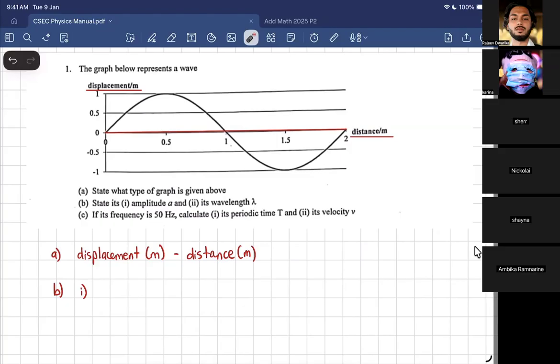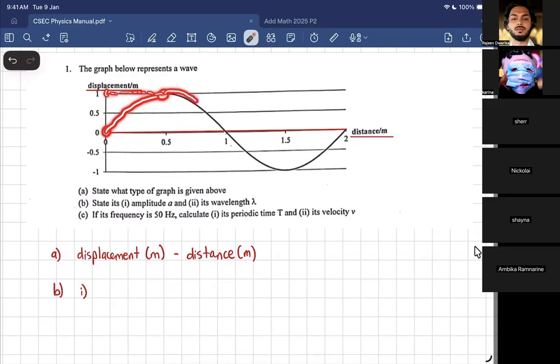Adele, over here the wave would have been at the equilibrium position and it's moving out, and this will be the maximum. So the maximum will be how many meters? 0.5? No, watch that again. It starts from 0, it displaces, and it reaches a maximum. What's our maximum? 1.